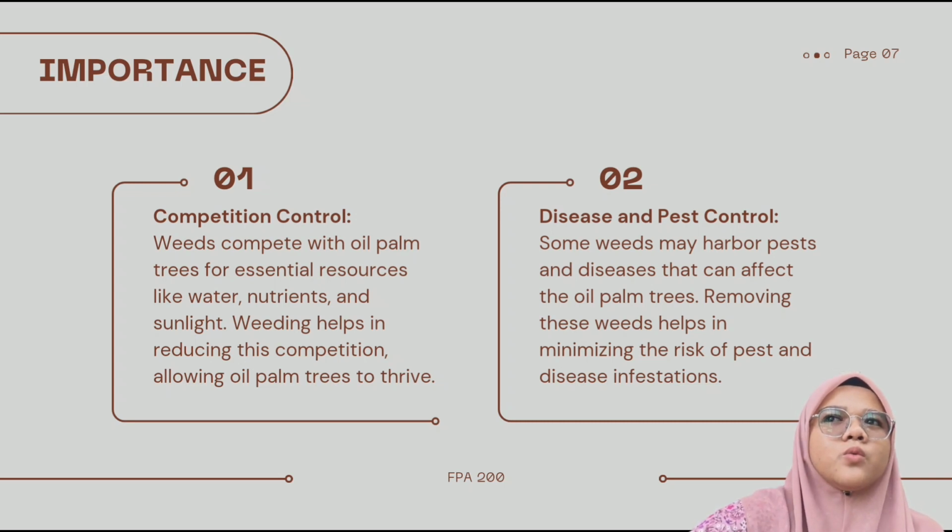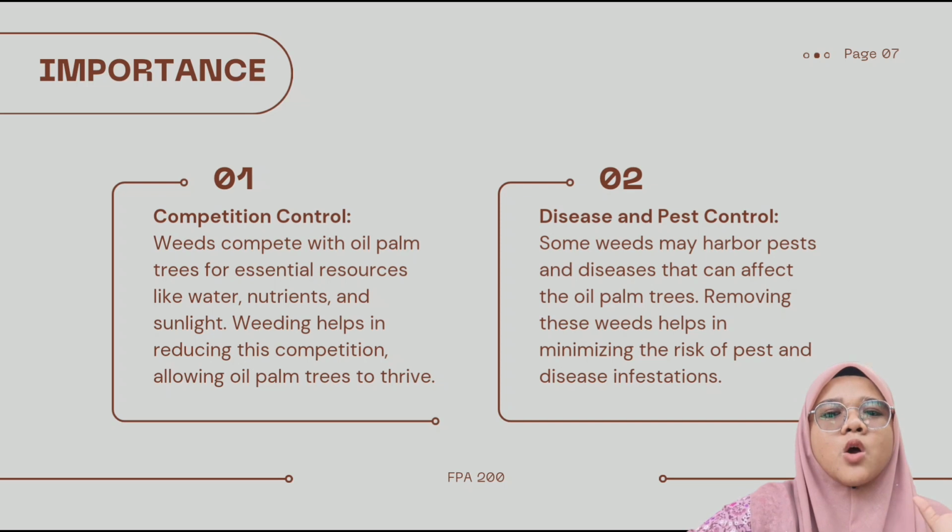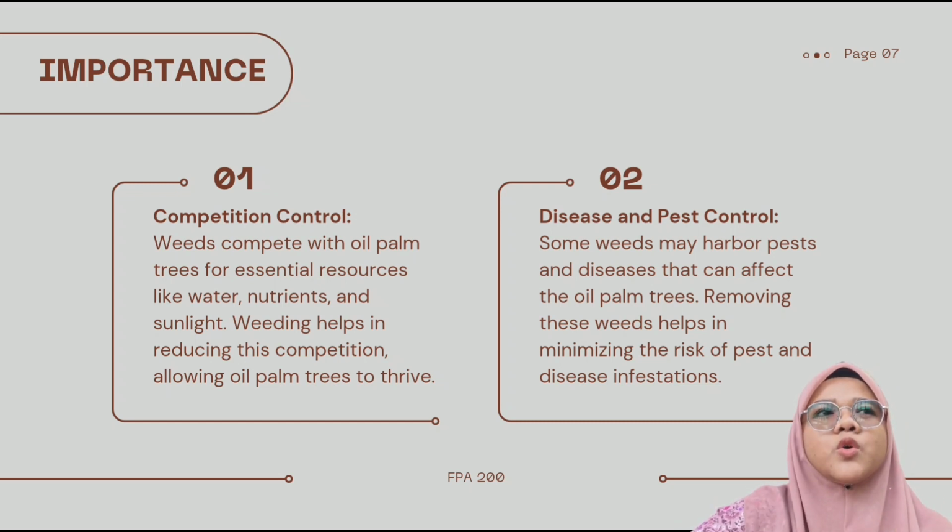You may think that weeding is not very important to the plantation, but in fact it is very important, because we want to control the competition. The first reason is to control the competition between the oil palm trees and other unwanted vegetation. When we don't control the competition, it will reduce the quality of our oil palm trees and we cannot produce good quality oil, because we didn't take good care of the oil palm.